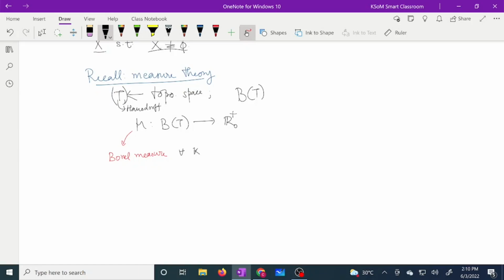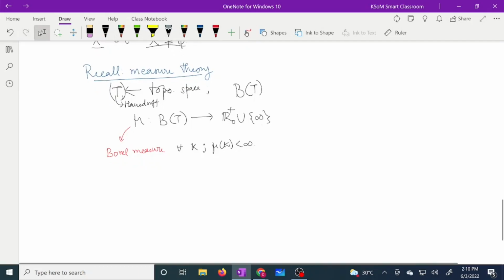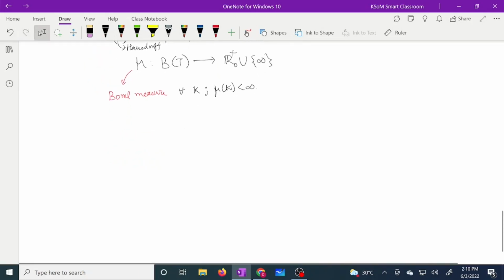And so for every compact set K, mu of K should be finite. If this happens, then I call the measure a Borel measure. This is a fairly standard definition.